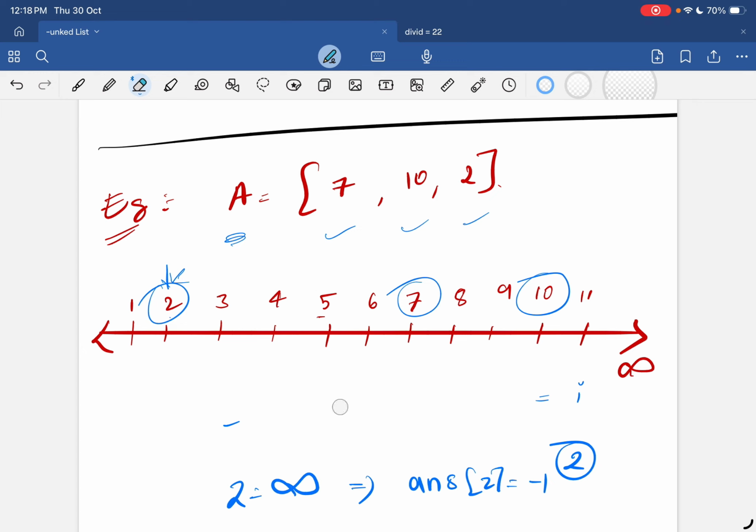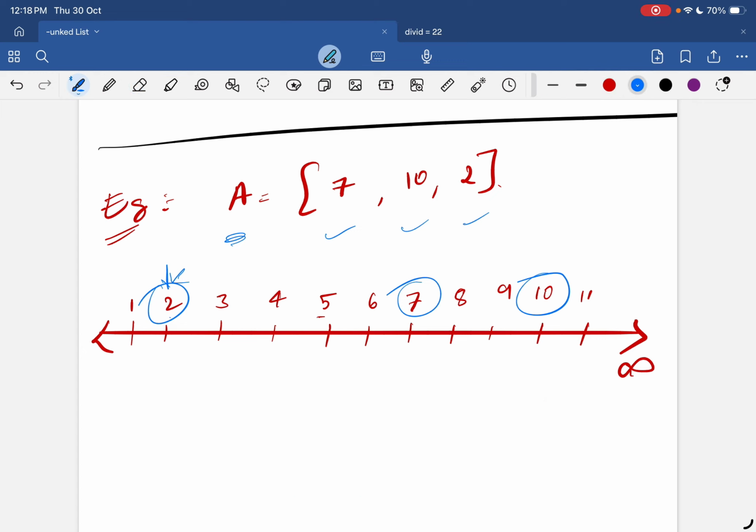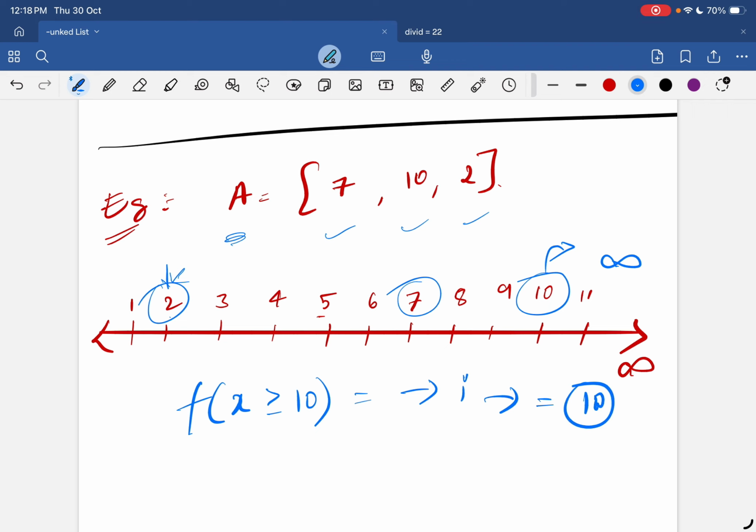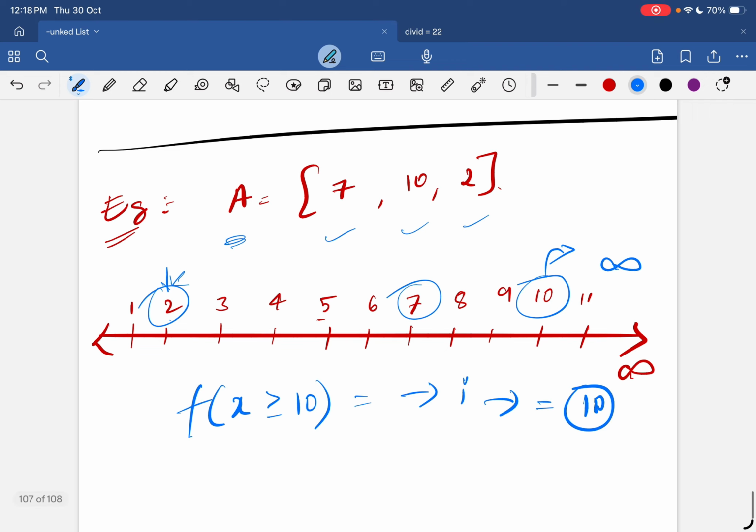In a similar way, for the value 10, there are infinite values greater than 10, and if we find f(x) for x greater than 10, it will always result in the index of 10, because when we take the absolute differences, the lowest will always be for 10.